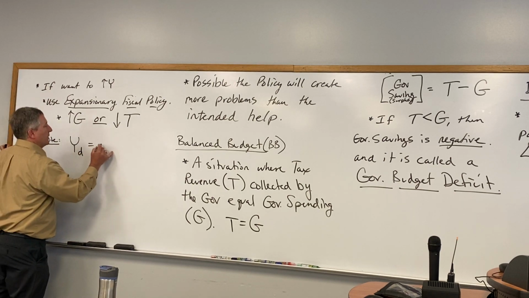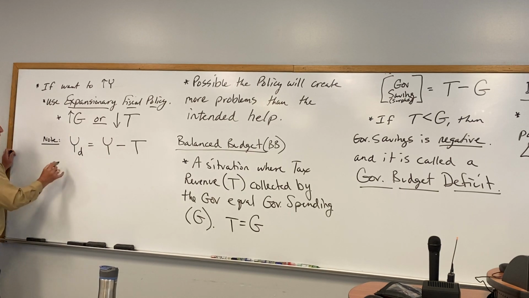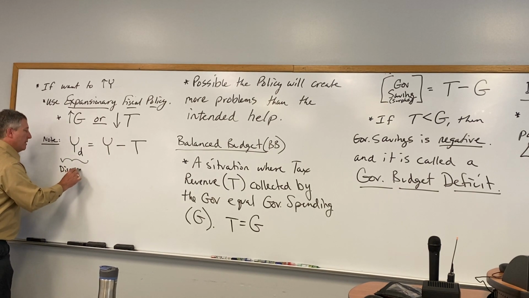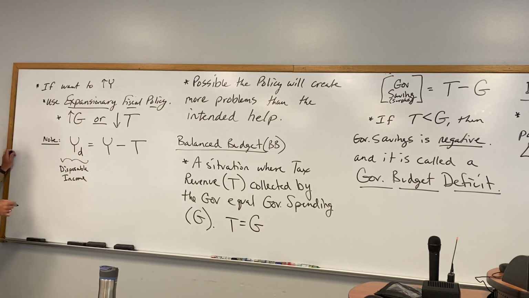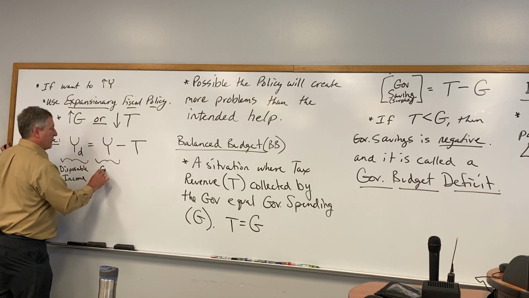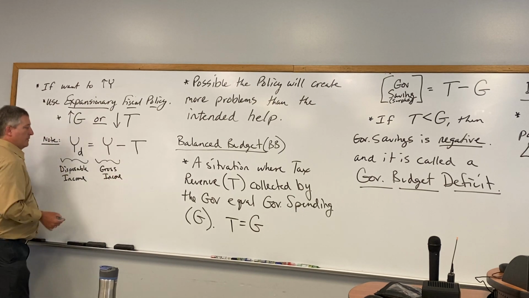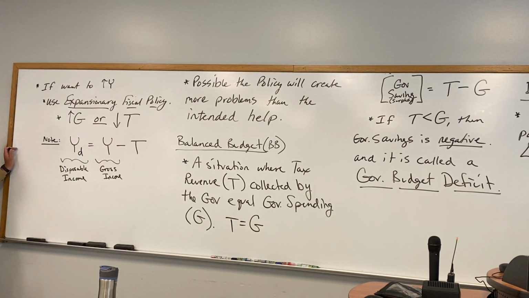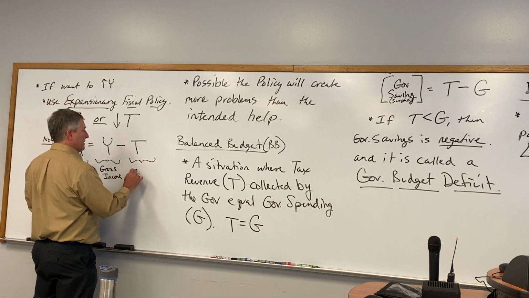So our disposable income is equal to income minus taxes. This is disposable income. This is our, if you want to think of it as gross income, which is also our real GDP number for the nation. And then this is our taxes.